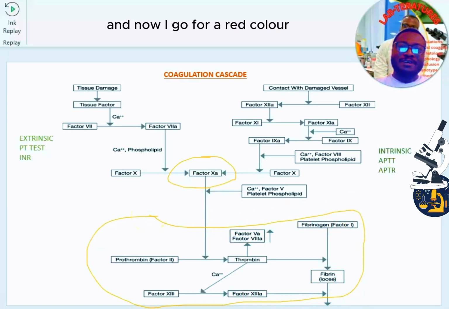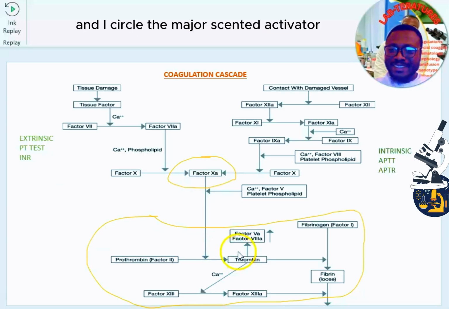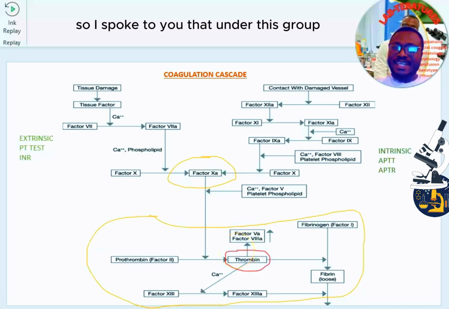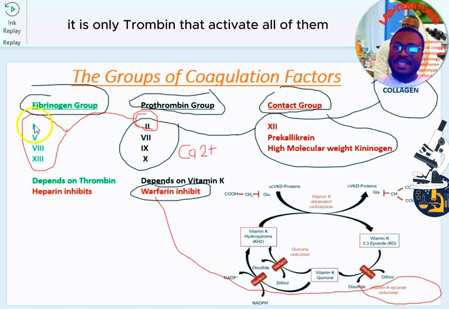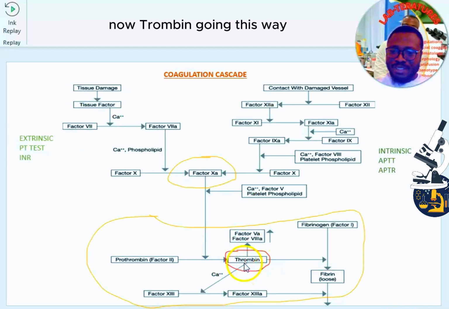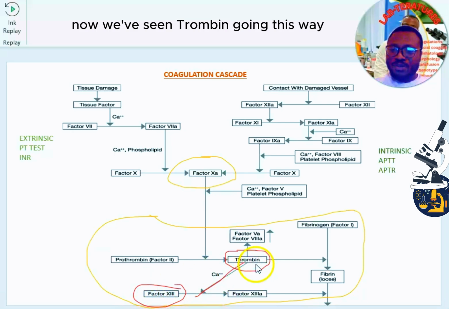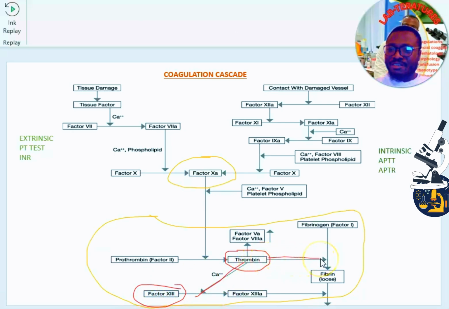And now I go for a red color and I circle their major activator, which is thrombin. So I told you that under this group, it is only thrombin that activates all of them. Let's see in the cascade if it is true. Thrombin going this way, activating factor 13. Now we've seen thrombin converting fibrinogen to fibrin.